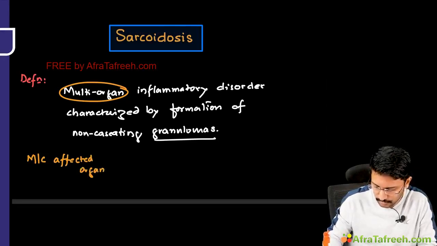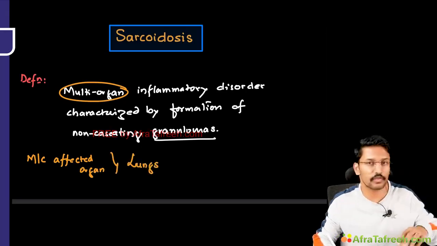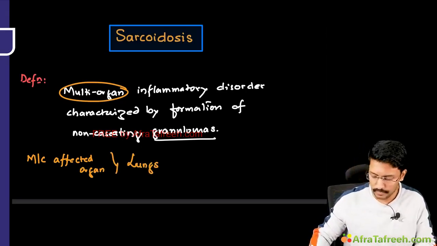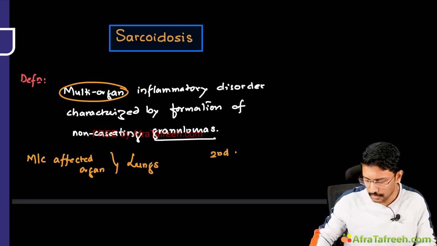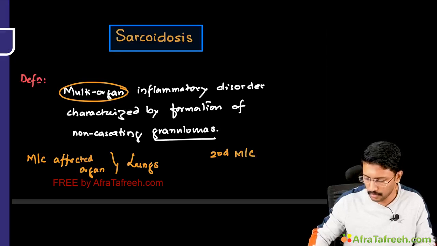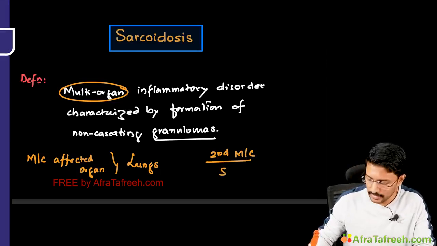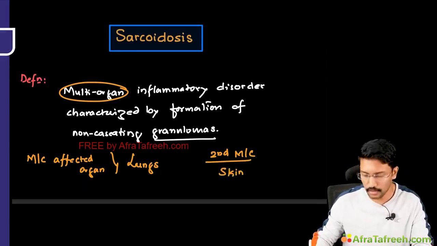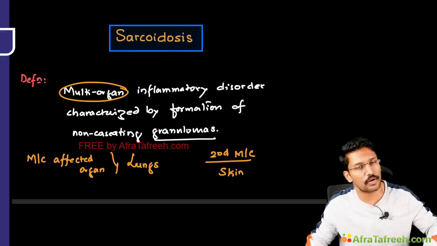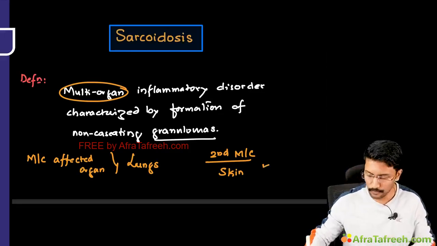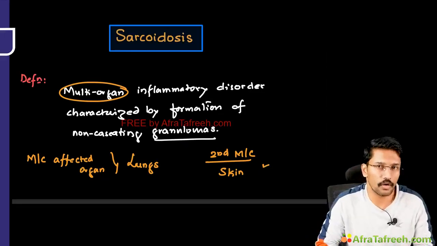Most patients get diagnosed because of the respiratory system manifestations and not because of the other organs. There can be an occasional question asking what is the second most commonly affected organ, or the most commonly affected organ after the lungs, and it is skin. It is not cardiac sarcoidosis, it is not neurosarcoidosis, or the exocrine or endocrine manifestation. It is skin. Skin is the second most commonly affected organ.